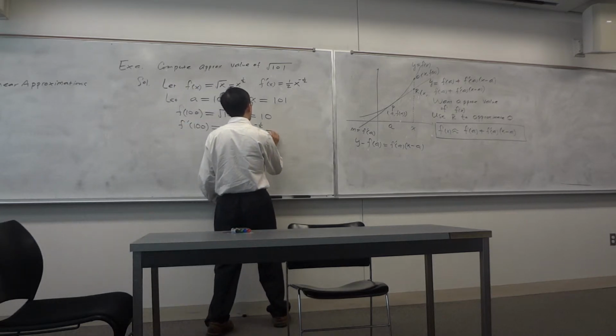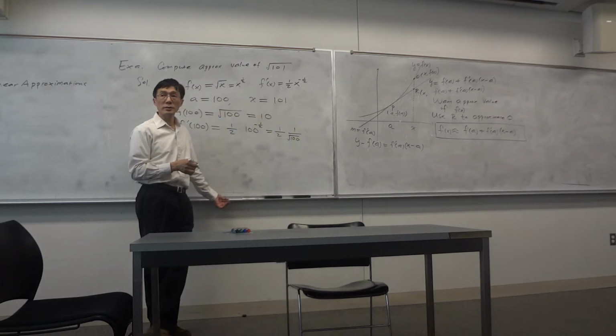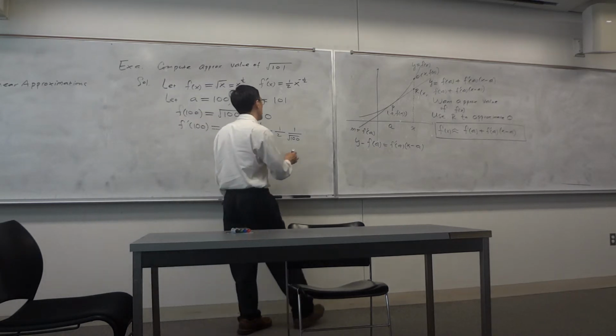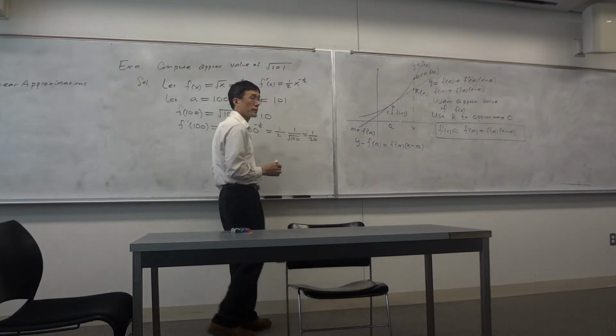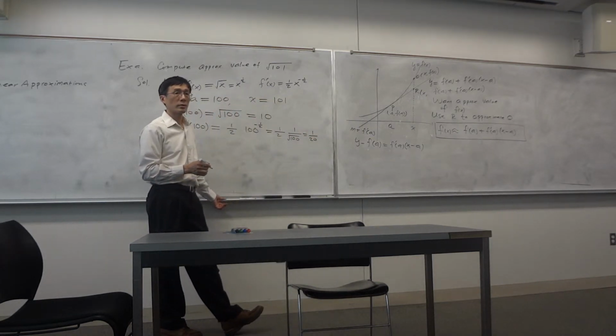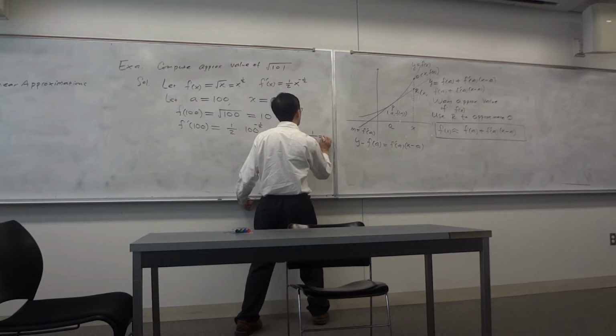That gives you 1/2 times 1 over the square root of 100. Negative 1/2 power is the same as 1 over the square root. That gives you 1 over 2 times 10, 1 over 20. So this is equal to 0.05.